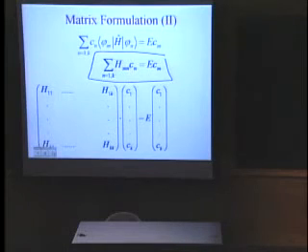So this is the first fundamental conclusion. We can always rewrite our quantum mechanical problem into a linear algebra problem once we specify a basis set for our wave function. And depending on the problem at hand, we can choose basis sets that are more appropriate or less appropriate.